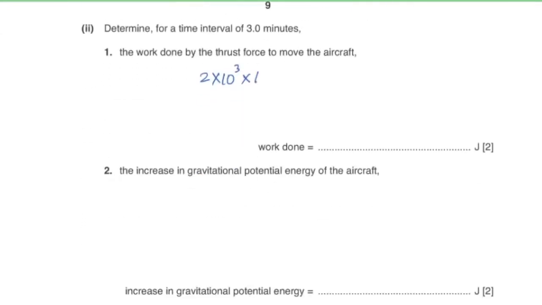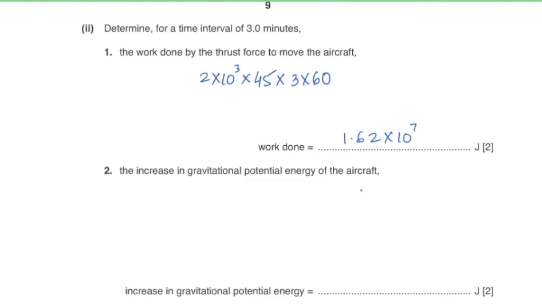We'll convert 3 minutes to 60 seconds times 3. And the work done by the thrust force is equal to 1.62 × 10^7 joules.